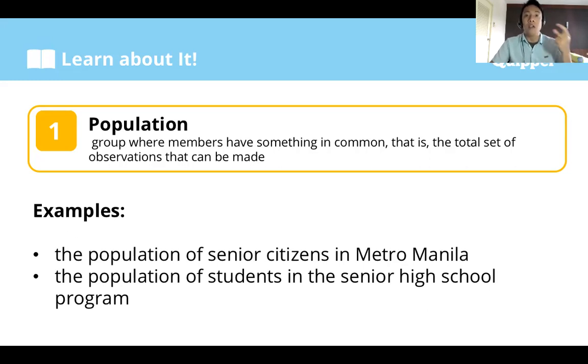Of course, your population must include only grade 10 students in Bethany Christian School. You cannot include grade 9 or grade 8 because your population must be centered only on grade 10 students. So that is the population, the total number of participants.